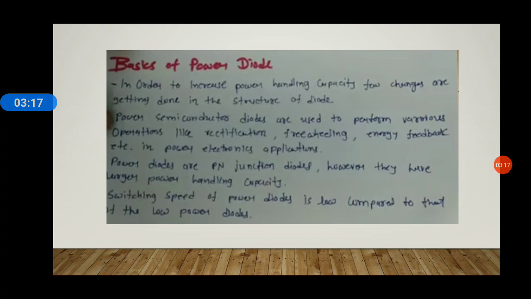So what is the difference of a power diode from a normal low power diode is its switching speed is lower, and it can handle very large power by making few changes in the structure of the diode.